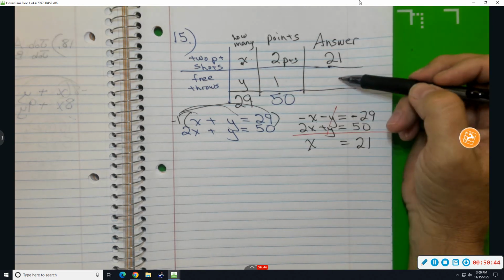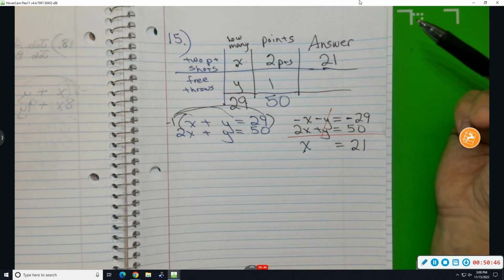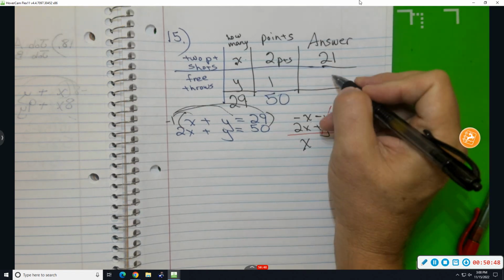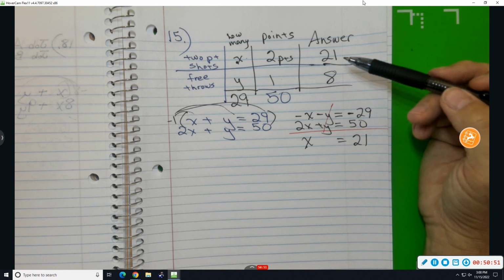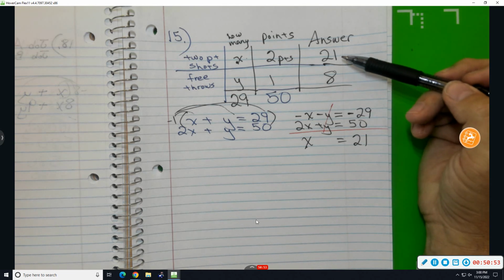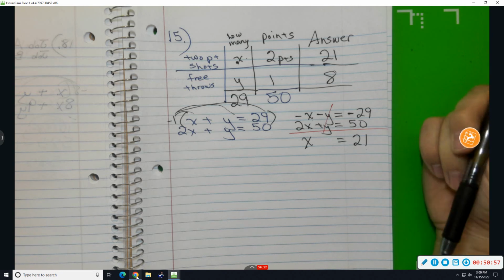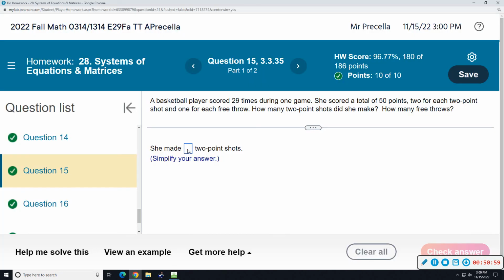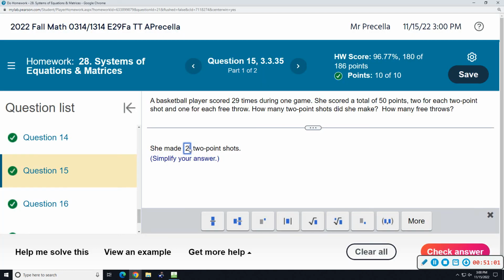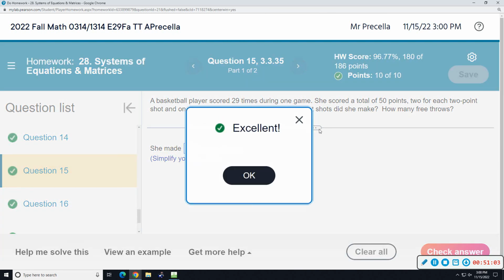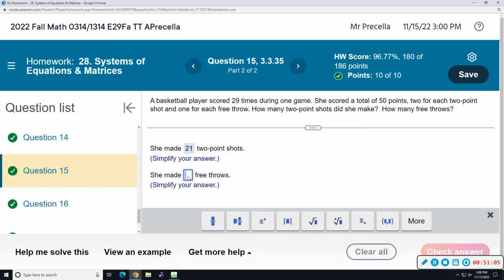So what would this have to be to add up to 29? 8. I agree. She made 21 2-point shots. She made 8 free throws. Punch that in. 2 points, 21, 2 points, and 8 free throws.